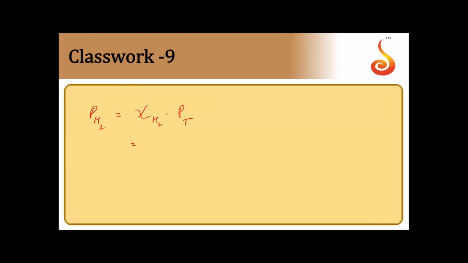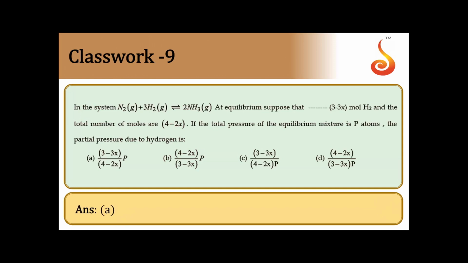The number of moles of hydrogen is 3 minus 3x, and the total number of moles is 4 minus 2x, into P. So number of moles by total number of moles into P gives the partial pressure. Therefore the answer is A.